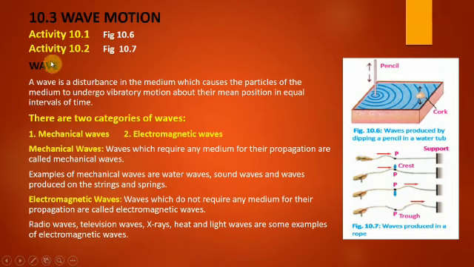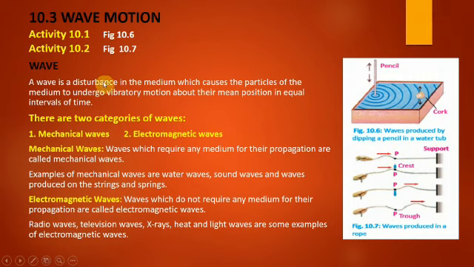Now the question is, what is a wave? A wave is a disturbance in the medium. You can see हमने इस medium को यहाँ, water was the medium we have disturbed. Here the string, or we can say the solid, was the medium we have disturbed. A medium can also be gas.